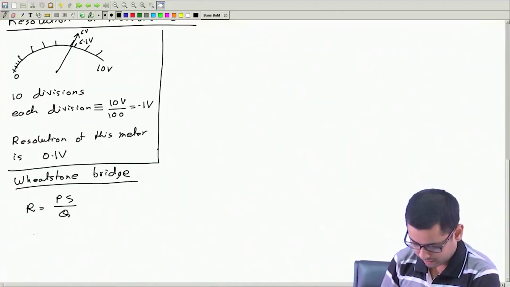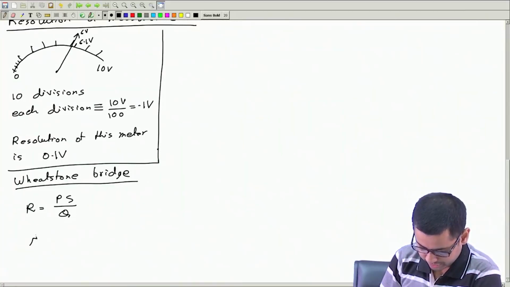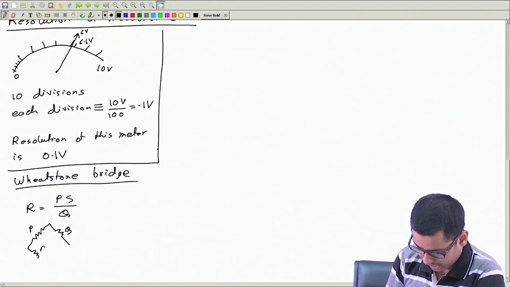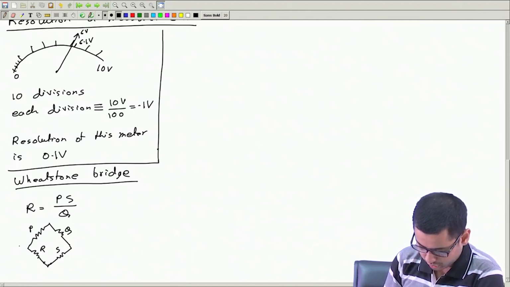Let's draw it very quickly: P, Q, R and S. I am not drawing the power supply and the detector now.